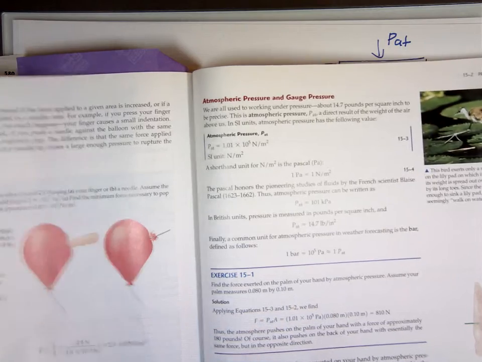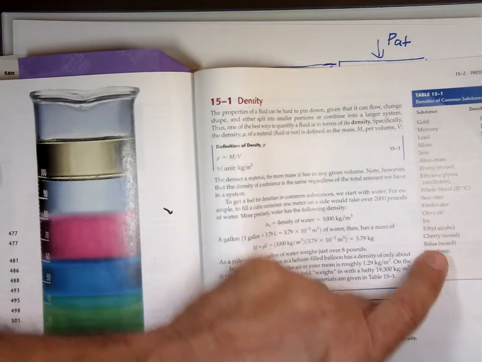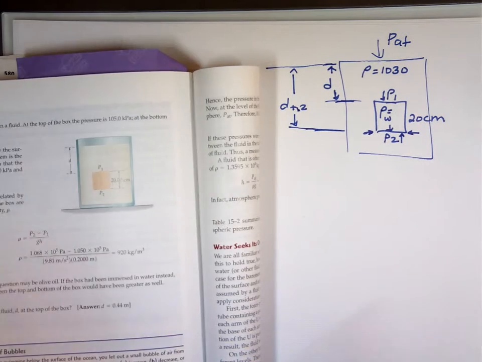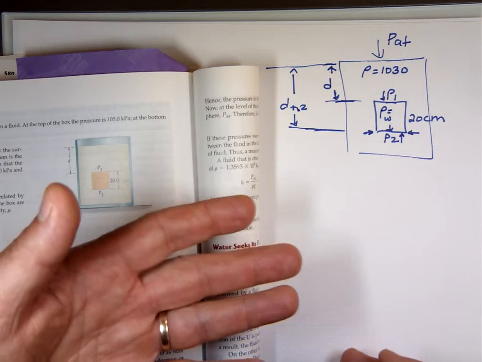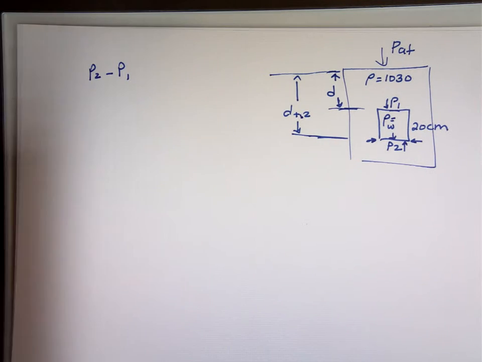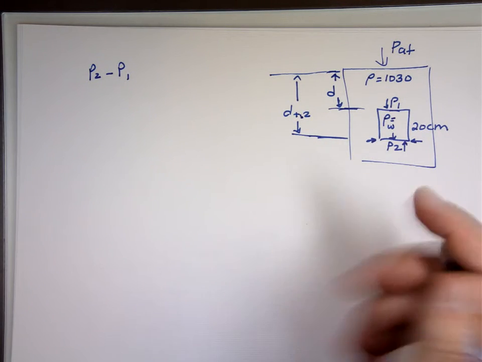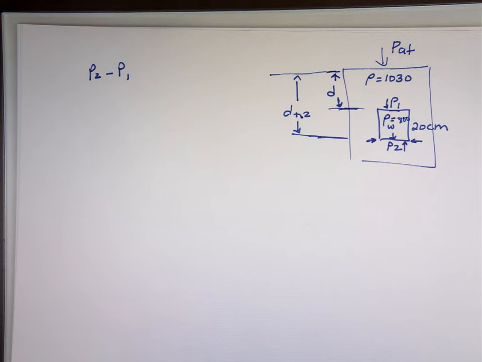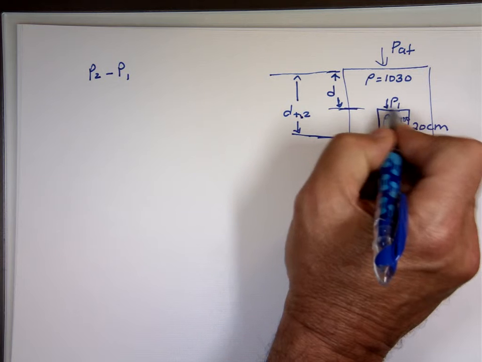You want to use cherry wood? Cherry wood is 800. If it's just wood, it will float on the surface. Maybe a portion of it will go down. But cherry wood is 800? Again, it could be a piece of metal was sitting on top of that to keep it floating like that.